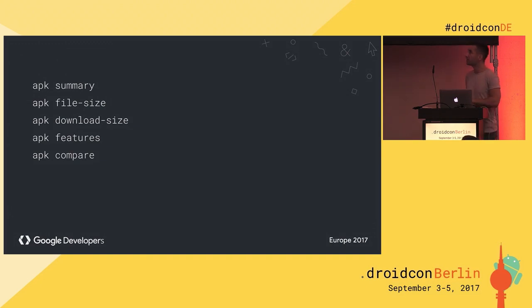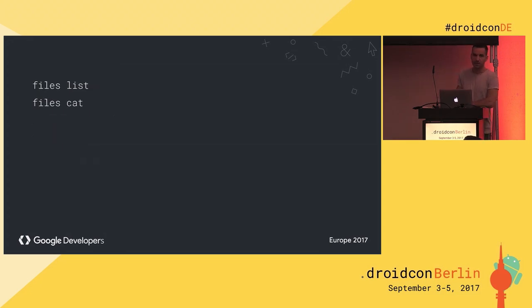So like I said, for the APK, you can look at things like summary, like the version code, the version number, file sizes. I'll talk a little bit about features and compare in a bit. You can simply list files and pipe files to the standard output. So this is basically making it easier to inspect whatever is in the zip file.